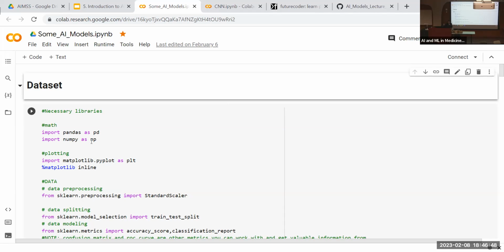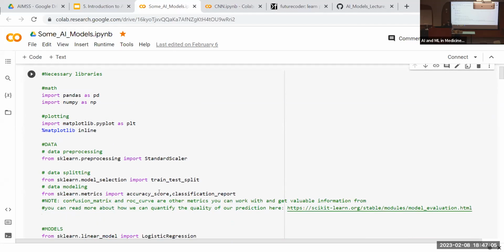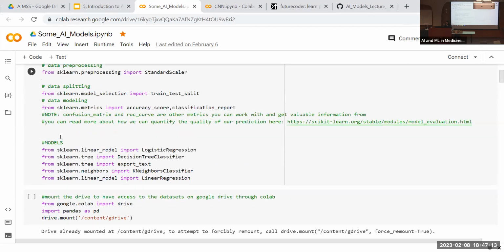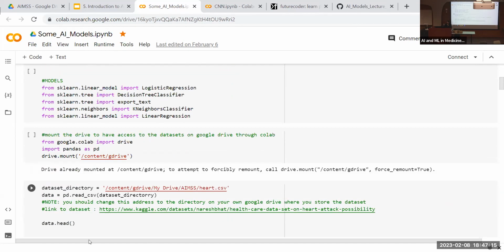For the previous models that we talked about, like decision tree, k-nearest neighbor, logistic regression, as we said, these are classification problems. So we need a data set that is a classification task. For this example, we have a data set on heart attack possibility. You can read more about the data set in the link provided here. It's a data set on Kaggle, which is a good source if you want to see data sets or different problems in different areas, including medicine.